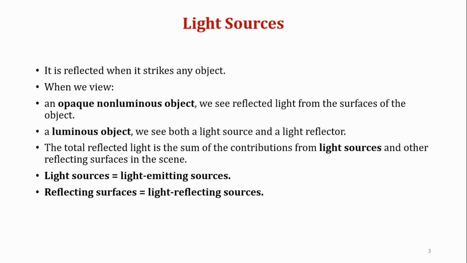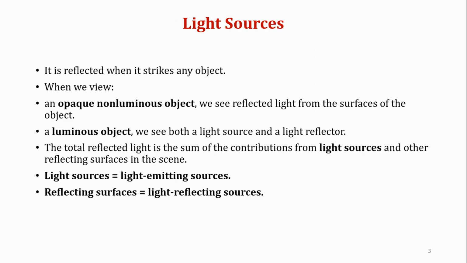So coming to the light source, light is essential for visual perception. When light strikes an object, part of it is reflected and part may be absorbed or refracted. The reflected light reaches our eyes and allows us to see the object. This is the general principle. There are two types of sources involved. One is light emitting sources, like a bulb or LEDs or sunlight. The second one is reflecting sources.